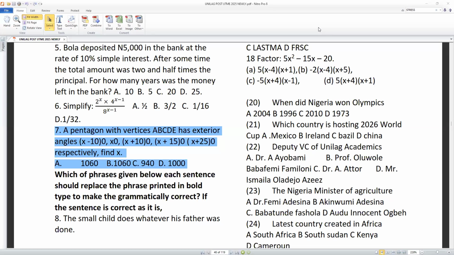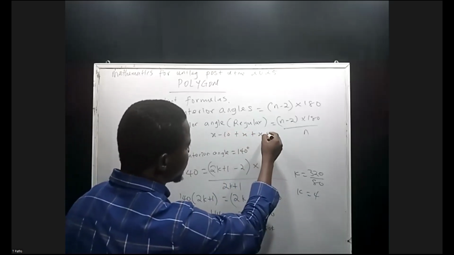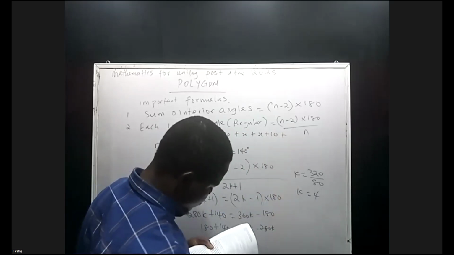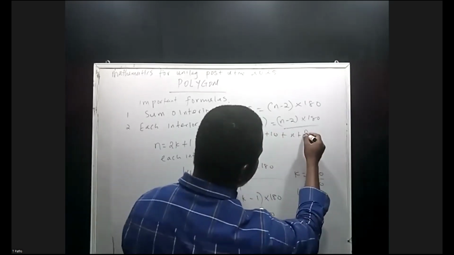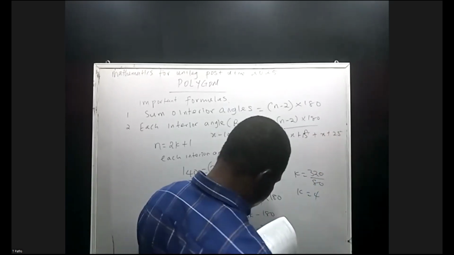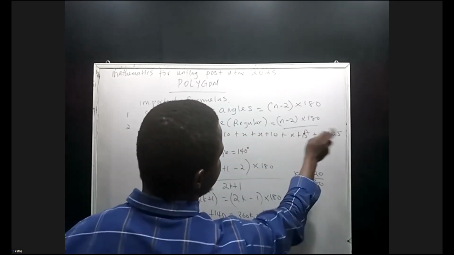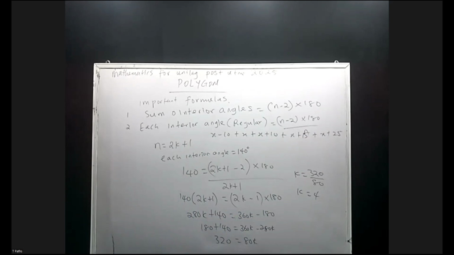Now 360 equals all these things that you have: x minus 1, x minus 10, plus x, plus x plus 10, plus x plus 15, plus x plus 25. So x plus x plus x plus x plus x is 5x.